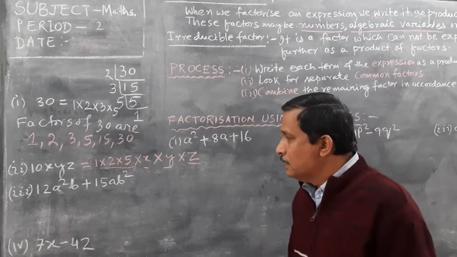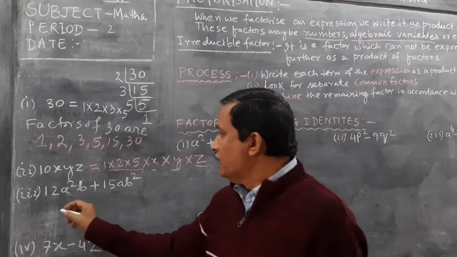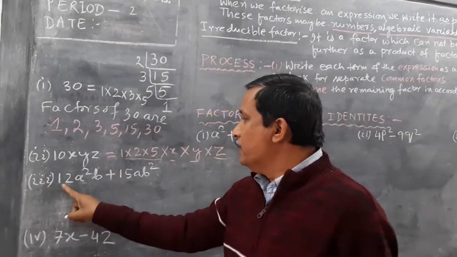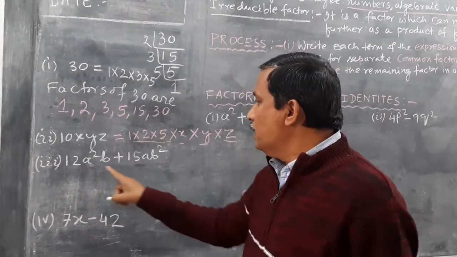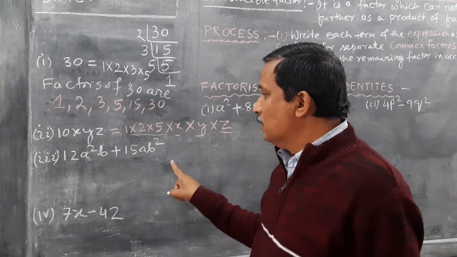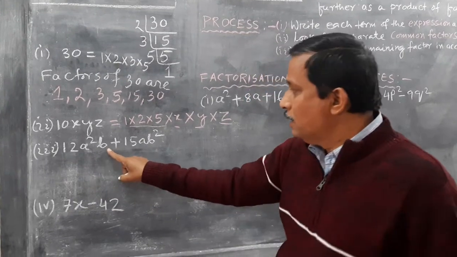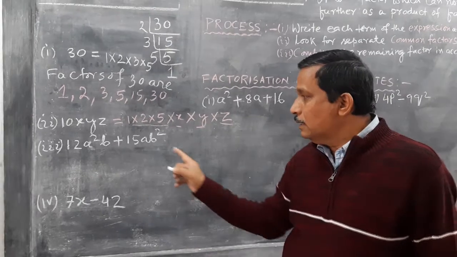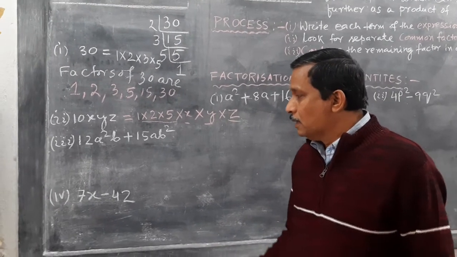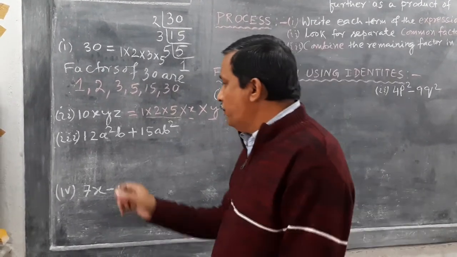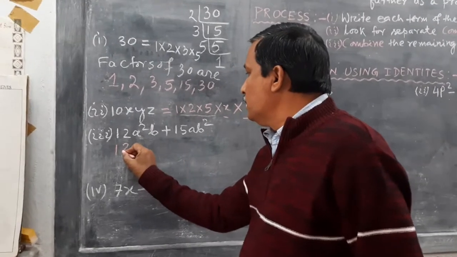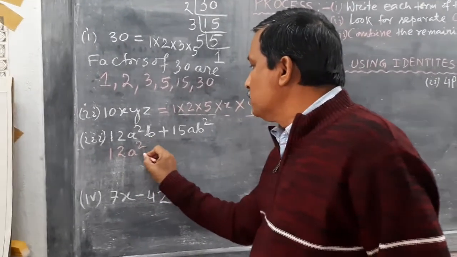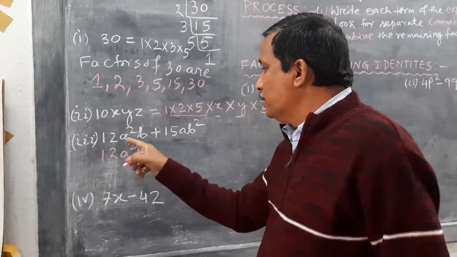And you see the second example here. Suppose you want to factorize this algebraic expression, 12a square b plus 15ab square. For factorizing this algebraic expression, suppose you first take 12a square b, the first term, because it has two terms.